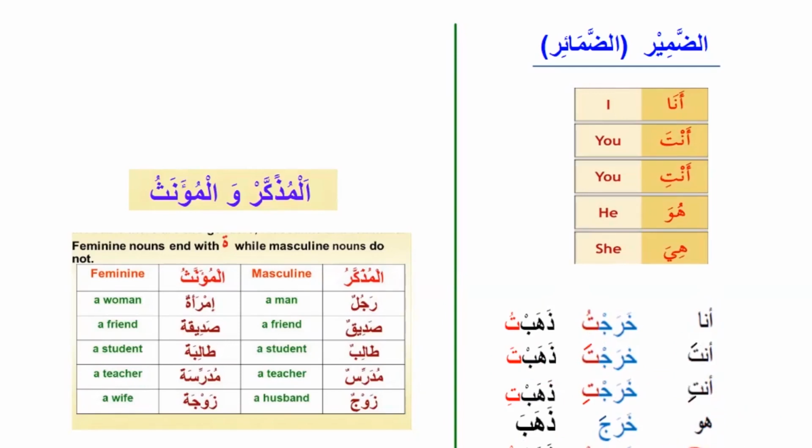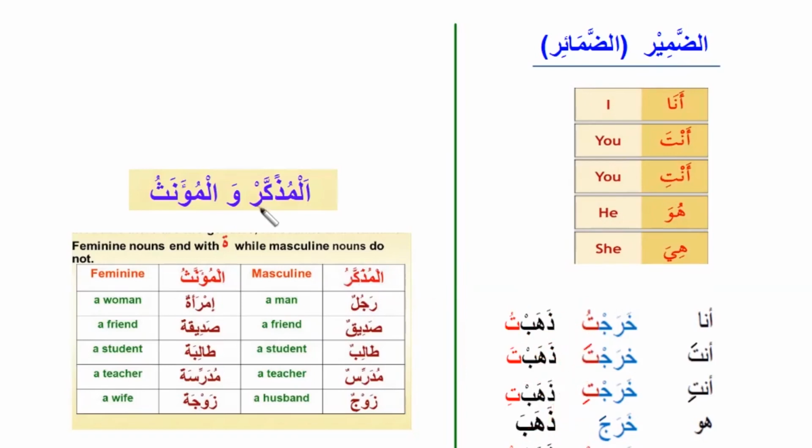We're talking about someone who's not present, and the person is female, so attach ta with sukoon on to the verb. I hope that is clear. So these are the basic pronouns we have learned. These are the pronouns that can stand alone, and these are the attached pronouns. I hope that is clear. Okay.